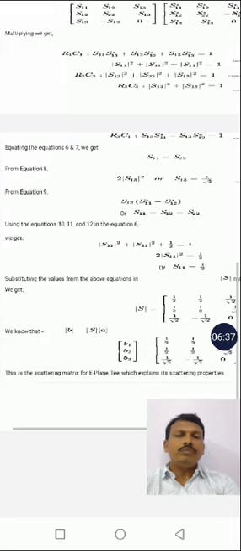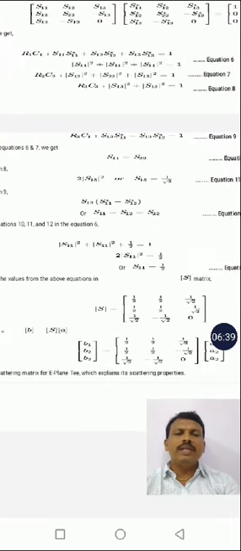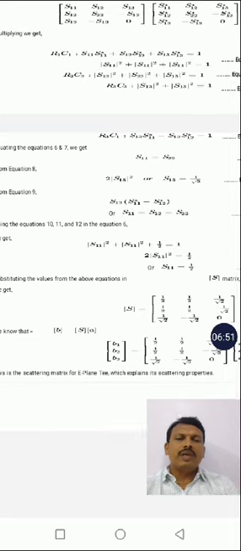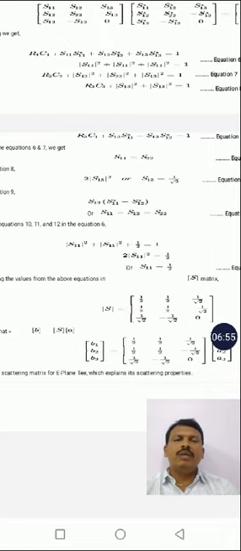Then from equation number 8 you will get 2 S13 squared equal to 1, so S13 equal to 1 divided by root 2. This is the main value of the scattering parameter. Finally, from equation number 9 you will get S11 equal to S12, which is also equal to S22, because we already know that S11 equal to S22.